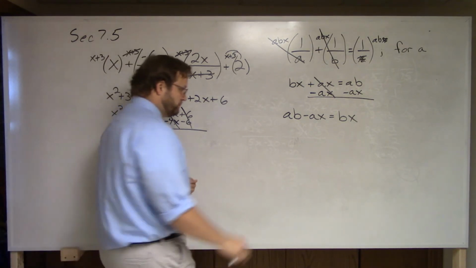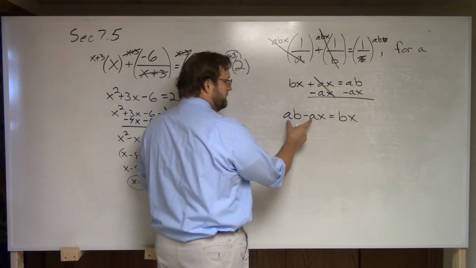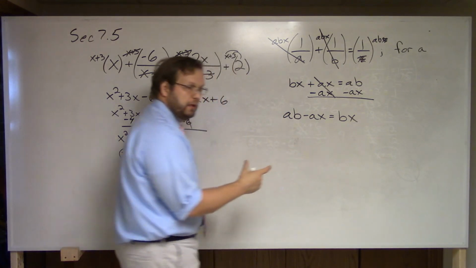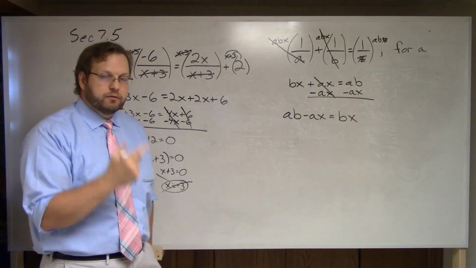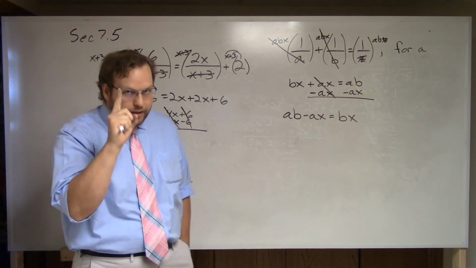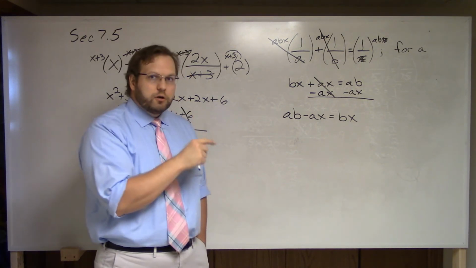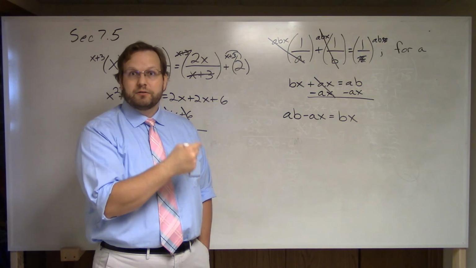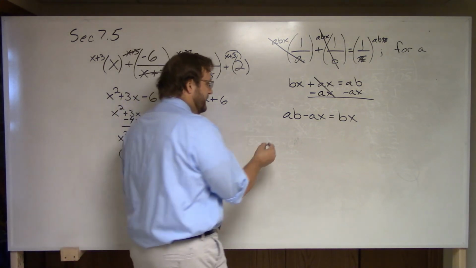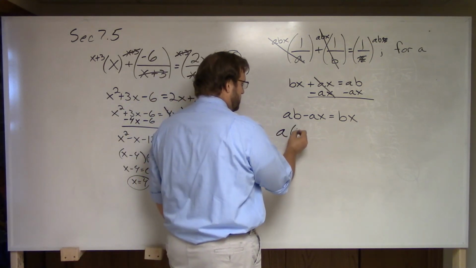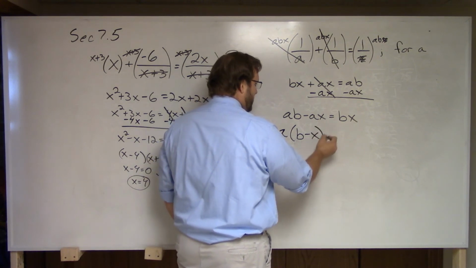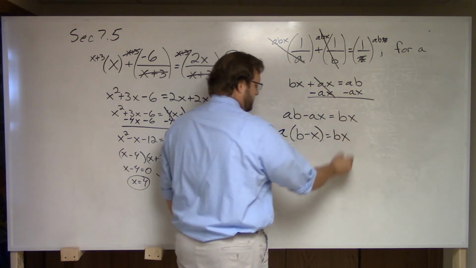Now, when I have these 2 terms with A, the reason why I wanted them together is because I need to have one A, not 2 of them. So when there's multiple terms with the same factor of A, that allows me to pull that A out.